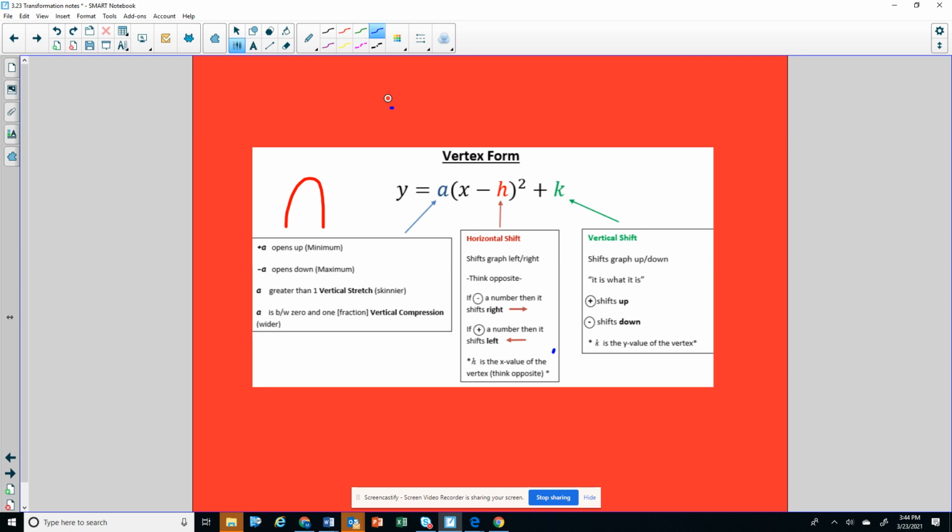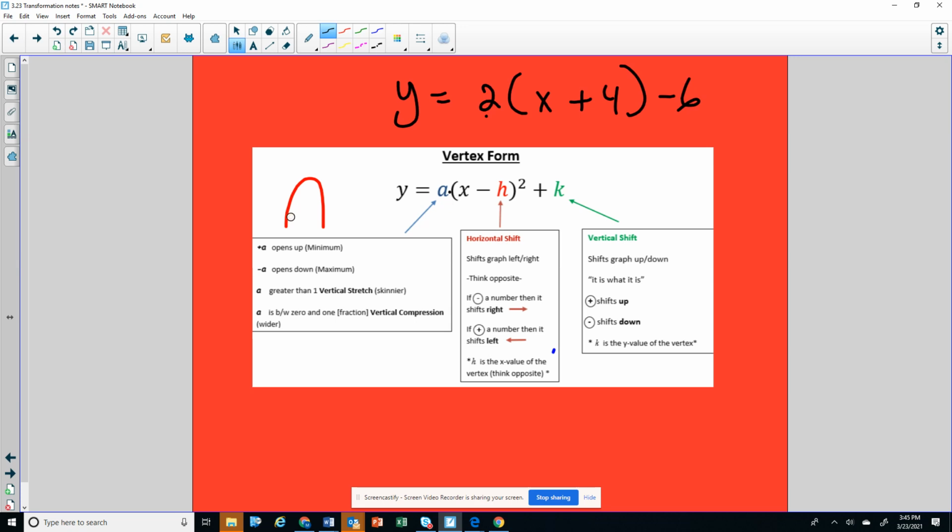Okay, let's go with blue. Blue goes well with red, or maybe black. Let's go black. Suppose we have y is equal to 2 times, let's say, x plus 4 squared minus 6. Okay. Now in this case, my a is 2.